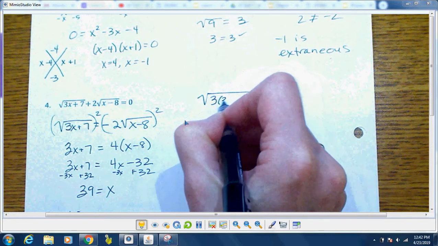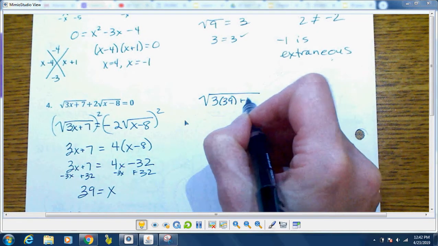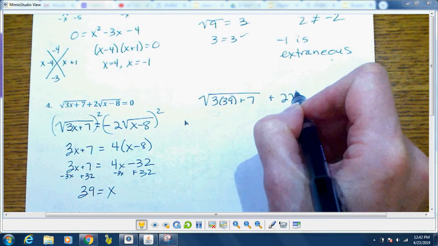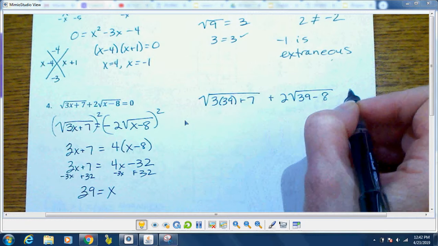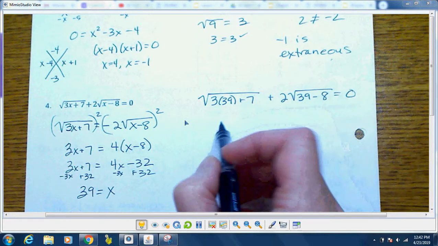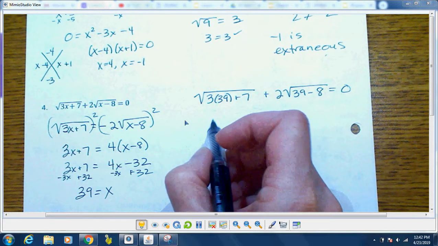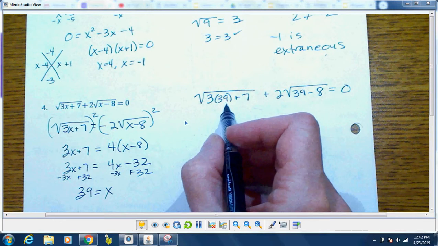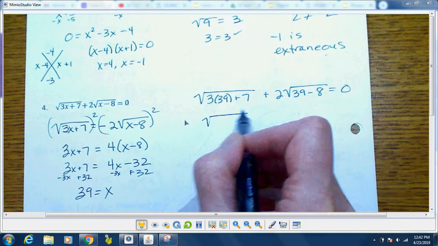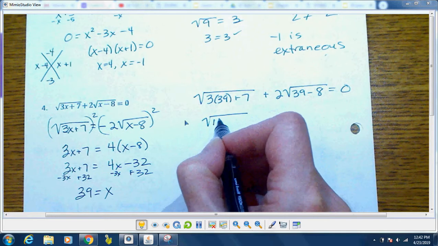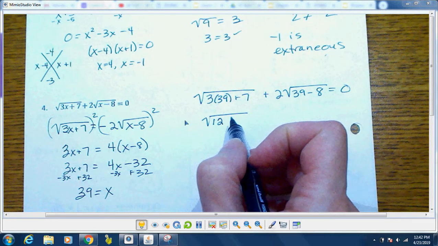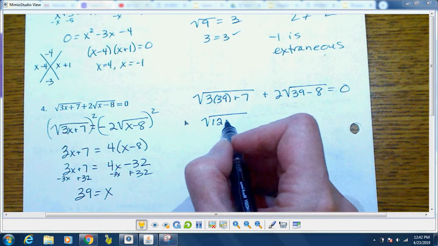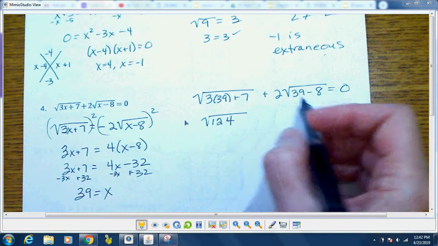And if I plug that in, 3 times 39 plus 7 plus 2 times the square root of 39 minus 8 equals 0. Okay, so this is going to become square root of 39 times 3 is 119 plus 7 is 124.